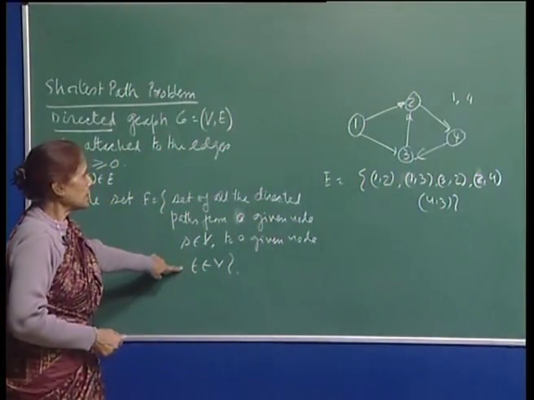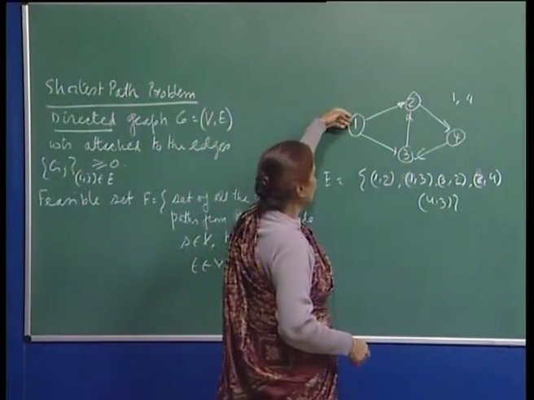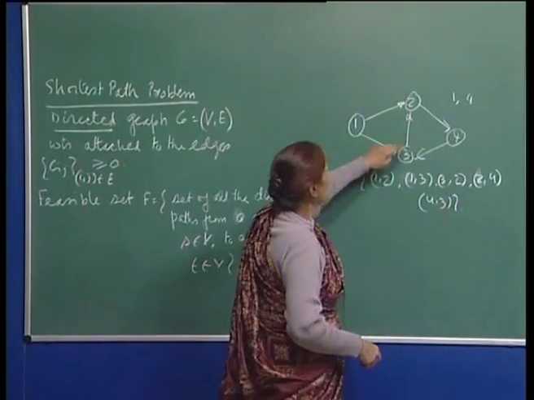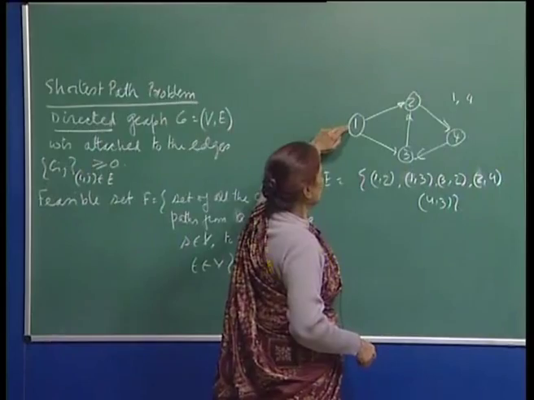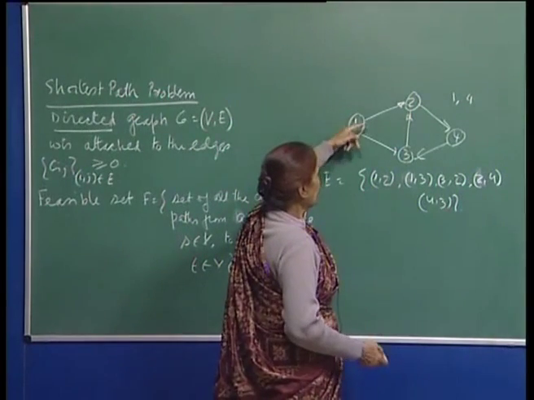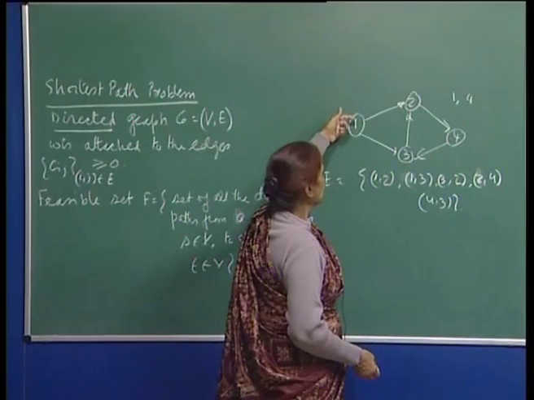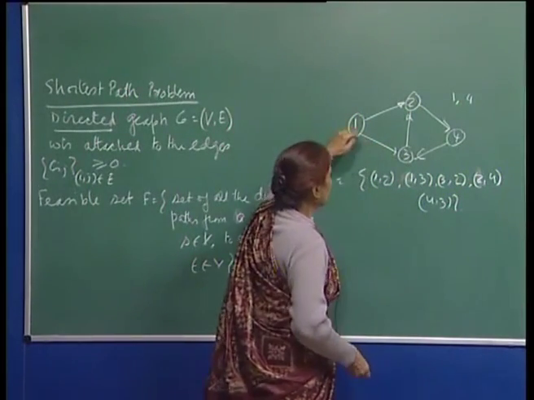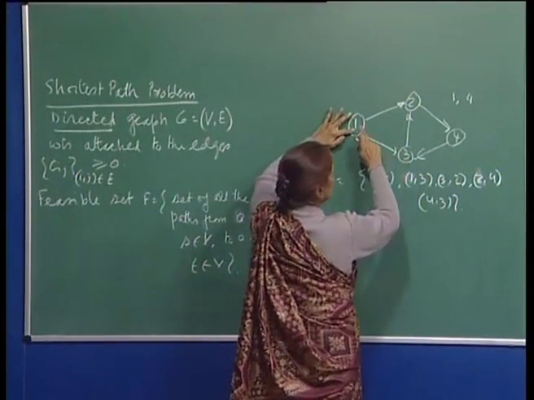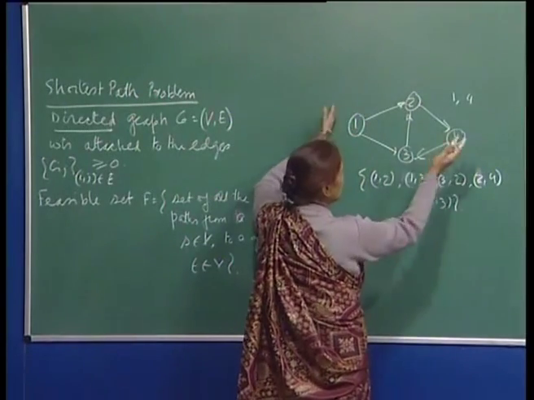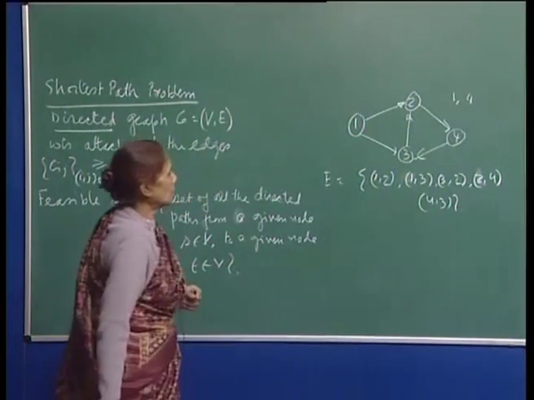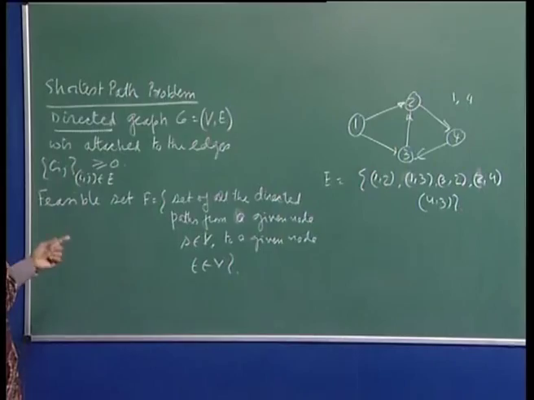Once you specify S and T, then the directed paths are 1, 2, 4, for example, and 1, 3, 2, 4, and that is it. So, in this case you have only 2 paths, but if you choose the nodes as 1 and 3, then you will have 1 to 3, you may have 1, 2, 4, 3, and so on. This is a small graph. So, this is a feasible set.